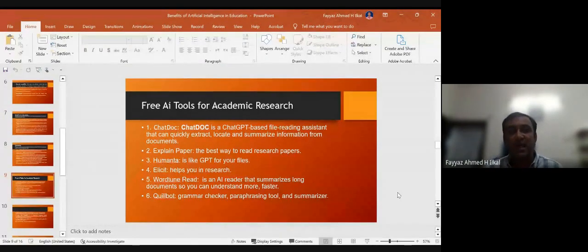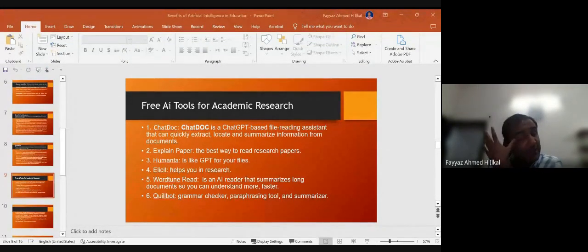Okay, the first app is ChatDoc. Let me show you the interface of it. You type in the search engine, chat with your documents.